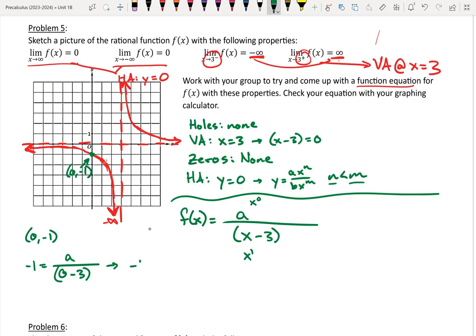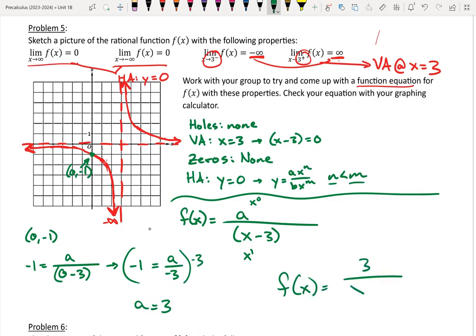And so then that would be negative 1 equals a over negative 3. Multiply everything by that negative 3, and I get a equal to positive 3. So that gives me a function f of x equal to 3 over x minus 3. Looks pretty good to me. And we're good. We're done with that problem.